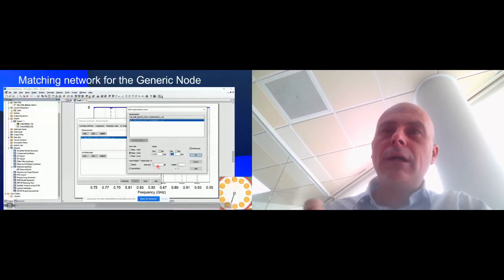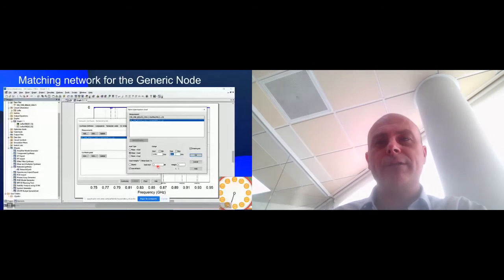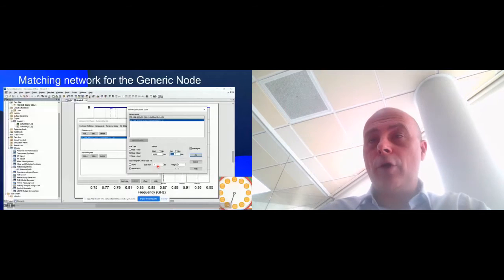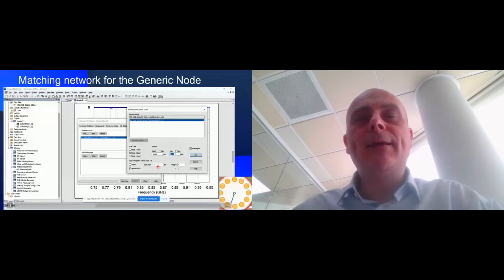If there is a solution, the software will find it for us, in a very fast way. This is very systematic, as you can see. Here we have a clock, by the way, to see how fast we can do it, 3 minutes. We optimize, and it takes a flash. Done. The matching network is done.